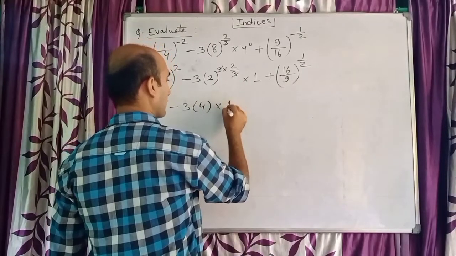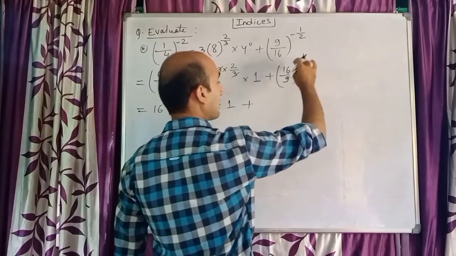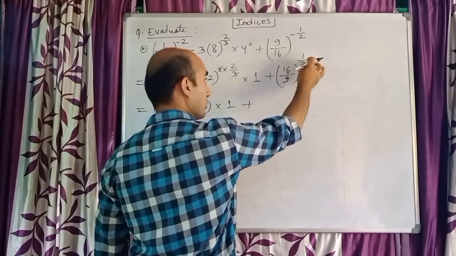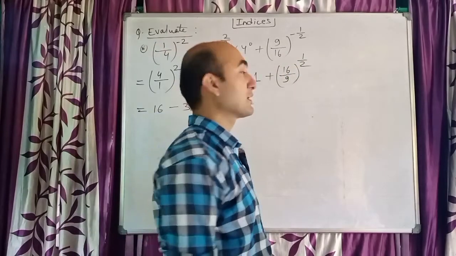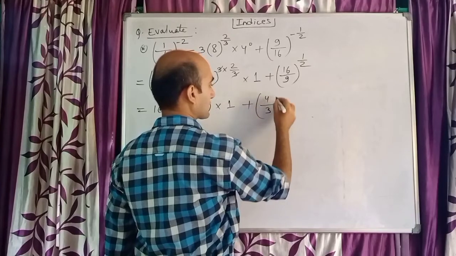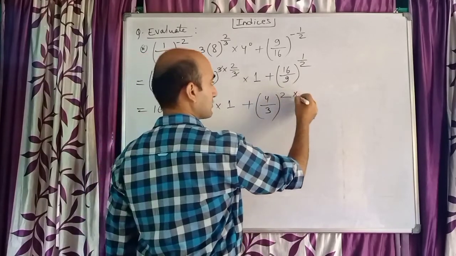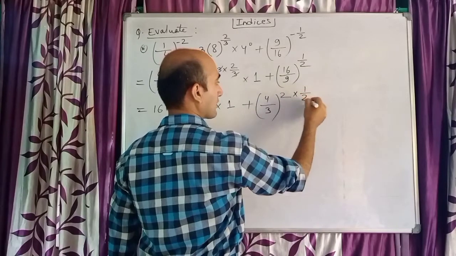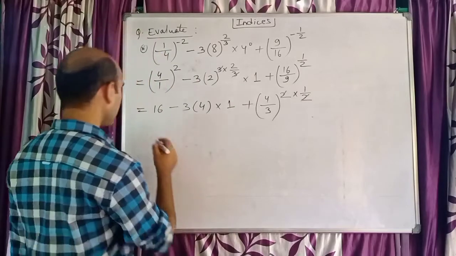And again into 1 also is here, plus now you can see it's a fractional power. So looking at this 2, decide for 16 and 9 and try to make them squares too. 16 is the square of 4, 9 is the square of 3. So you can write 4 square, 3 square, with the same power 1 by 2. The 2s will cancel.